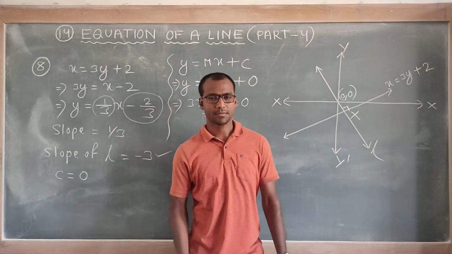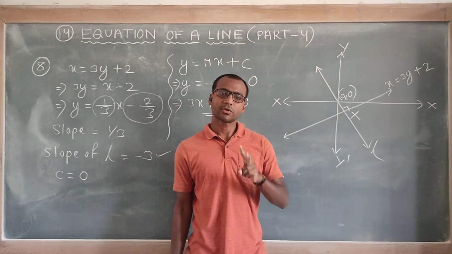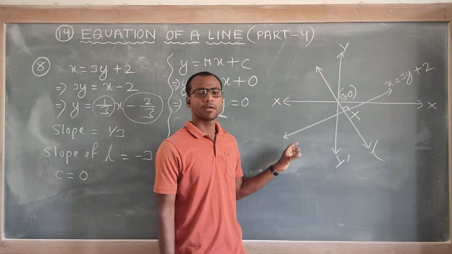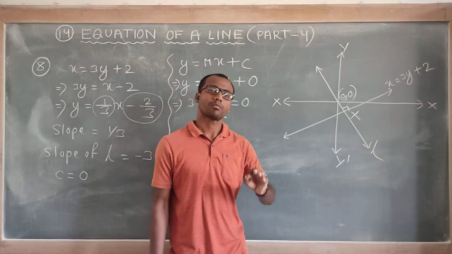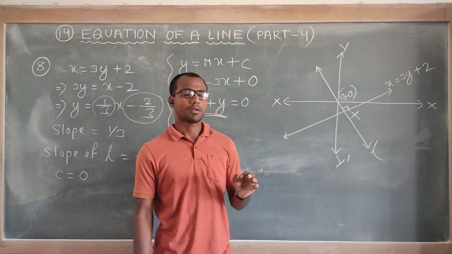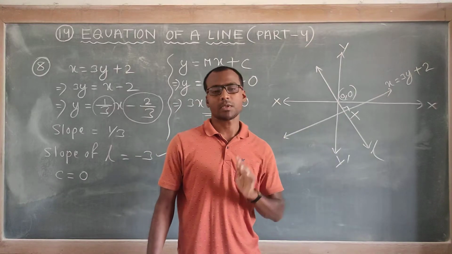Now how to find it? See, the point X lies on both the lines, this line and this line. So it will satisfy the equations of both the lines. By concept, every point on a line satisfies the equation of the line.